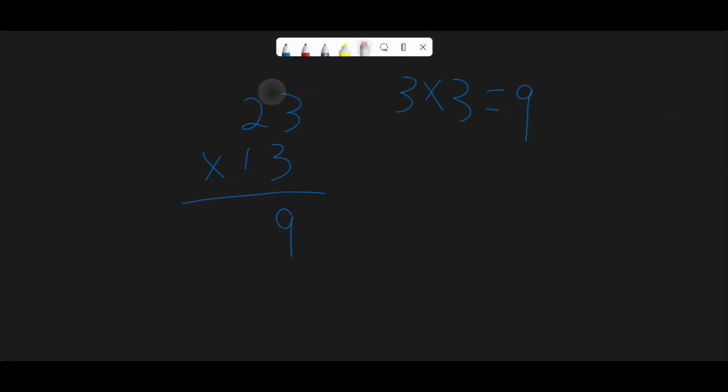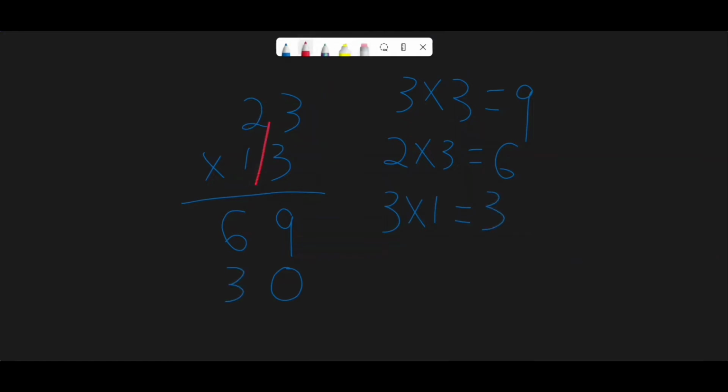Now we'll move on to the second column. So 2 times 3 equals 6. So we'll put 6 down below. Now we're going to move on to this column. But don't forget that because of this number, we have to put a placeholder down below, 0.